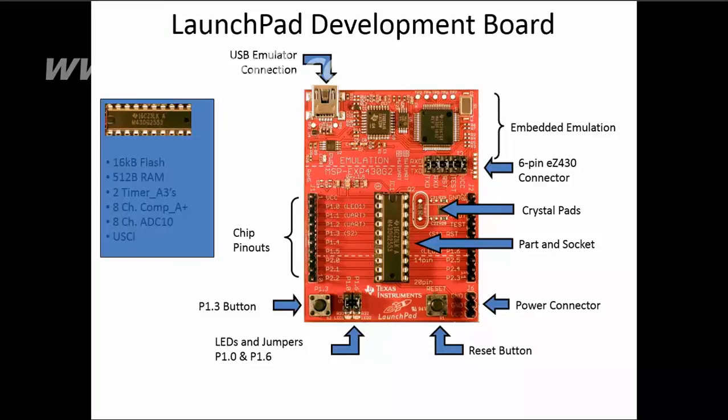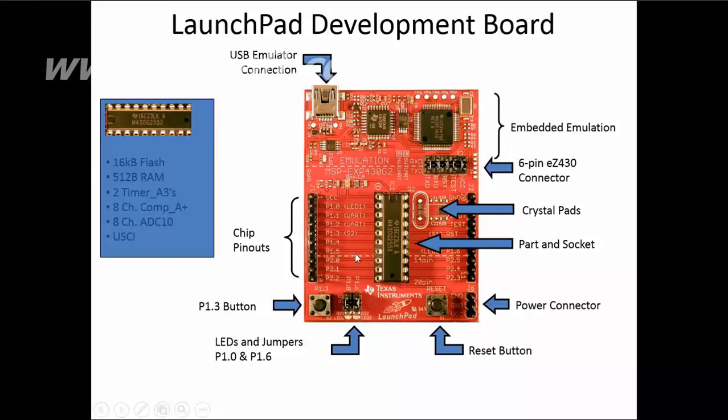So we have one more: SBWTDIO and SBWTCK provide the Spy-Bi-Wire interface, an alternative to the usual JTAG connection that saves pins. That is the JTAG which I mentioned recently, which is used for debugging purposes. So this is about the pin configuration, that is the input or output pins which are available for us basically.